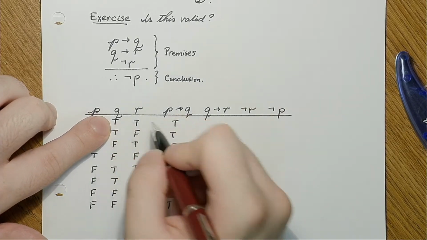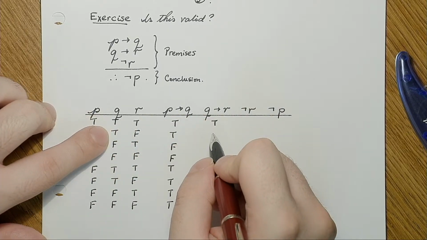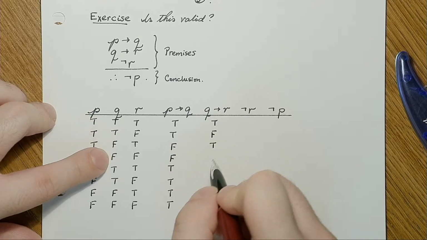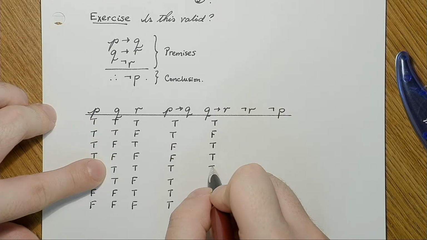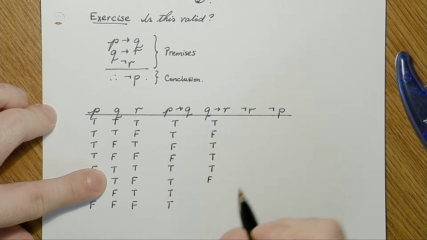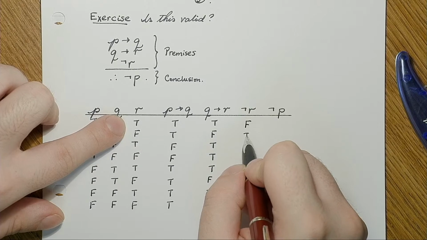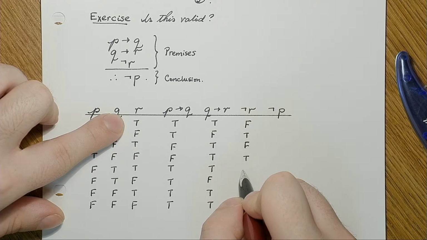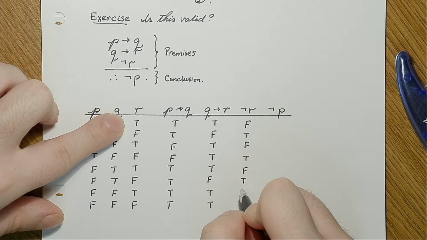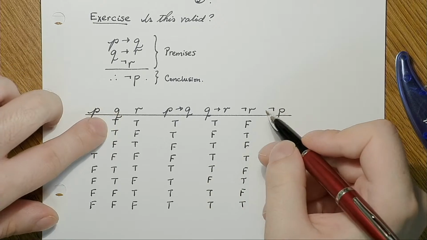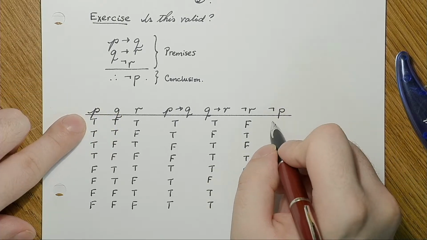When we do Q implies R. And lastly, I'll just flip this column here.